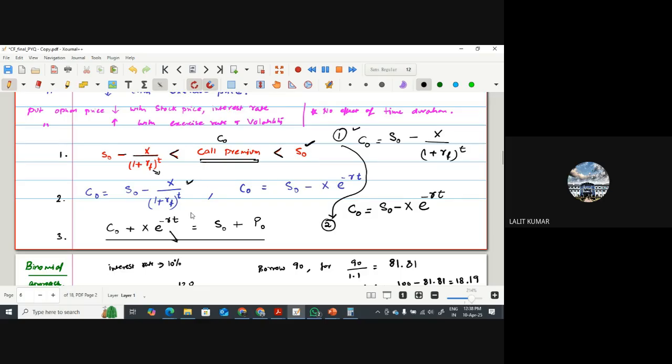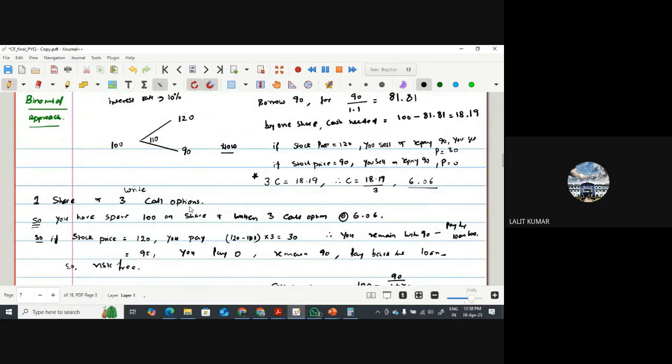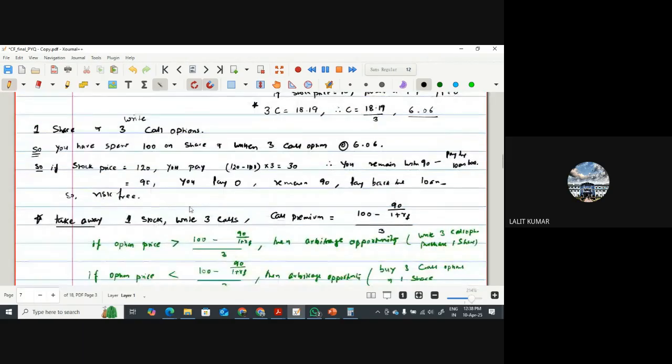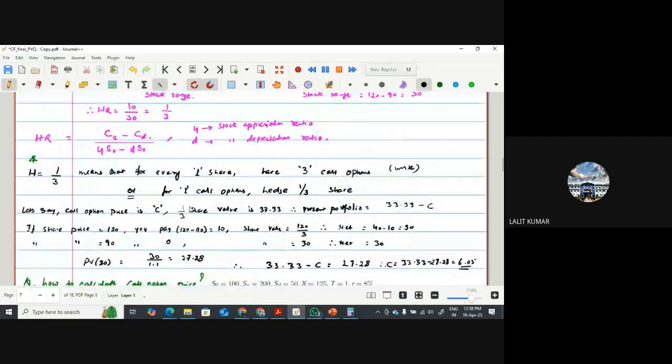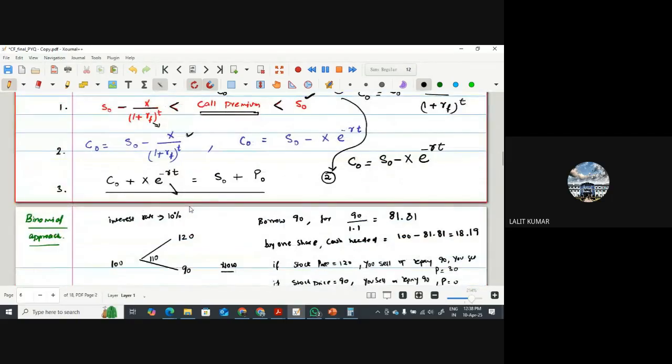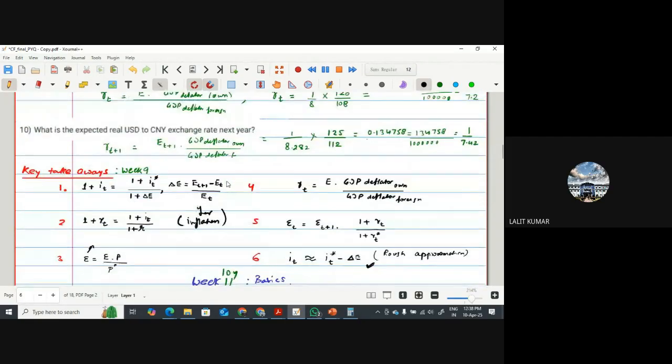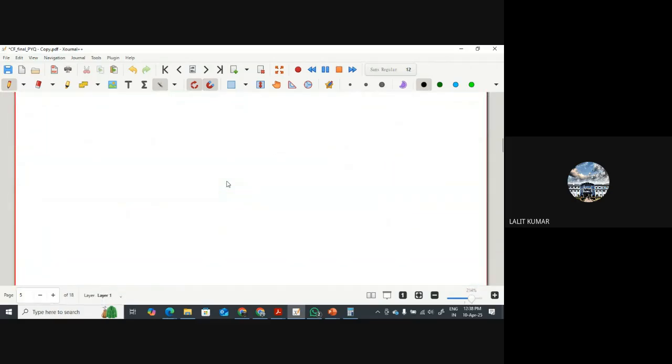Now I'll cover certain steps, how you calculate the call price or the call premium if you have been given the data. I will cover it in a short way, not taking so much time. For example, we have been given that the share price is 100.